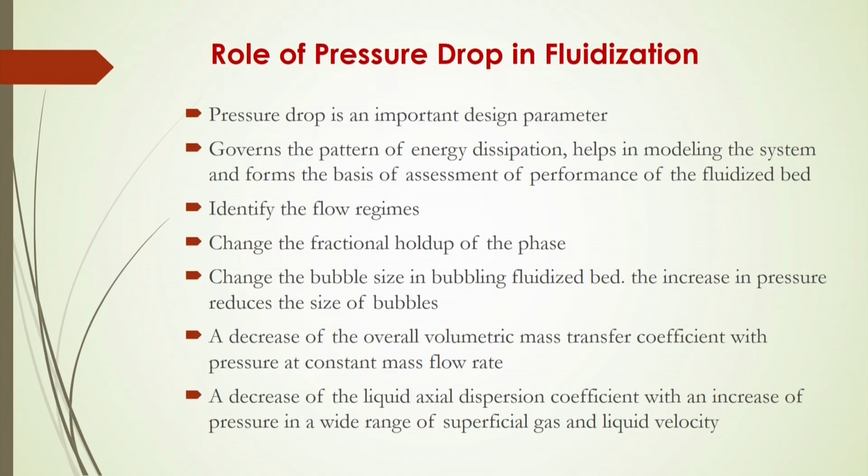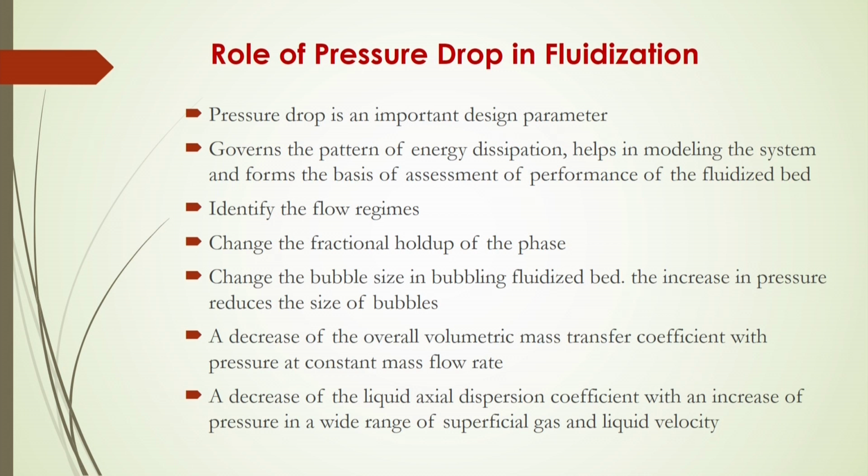A decrease of the overall volumetric mass transfer coefficient with pressure at constant mass flow rate will also occur. A decrease of the liquid axial dispersion coefficient happens with an increase of pressure in a wide range of superficial gas and liquid velocity.